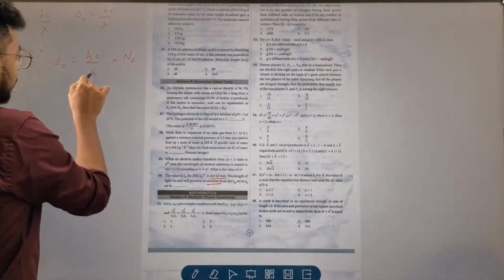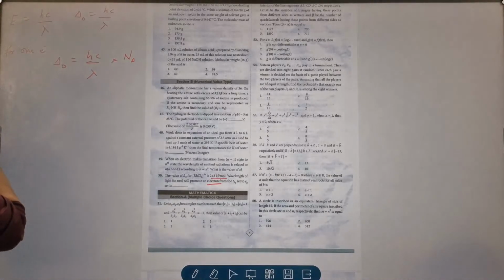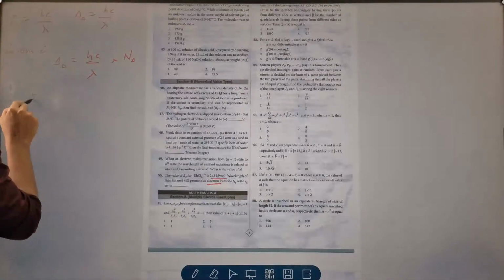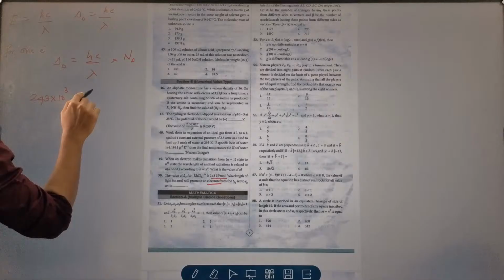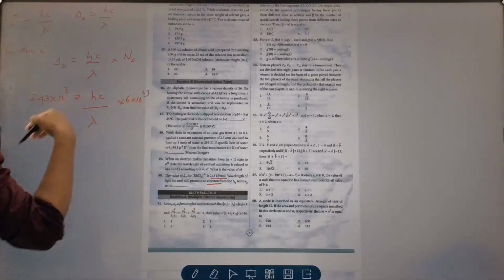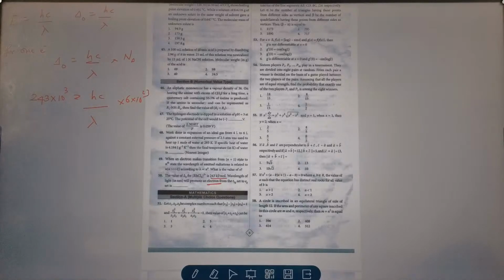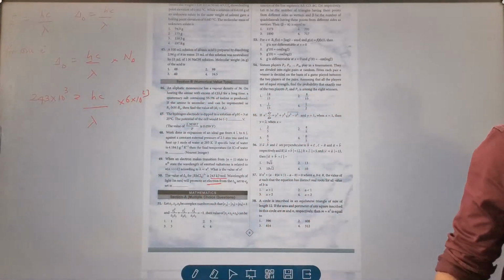So we want to find lambda. We just have to substitute. 243 into 10 power 3 is equal to h into c divided by lambda, and we know this is 6 into 10 power 23. Please solve, we are running out of time.